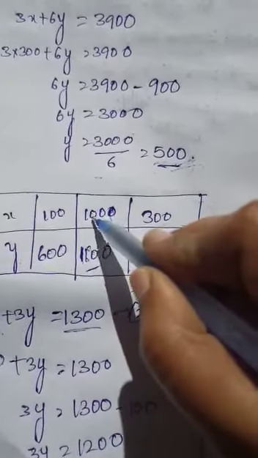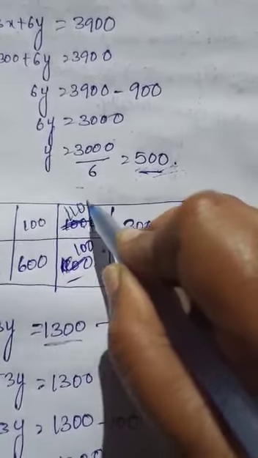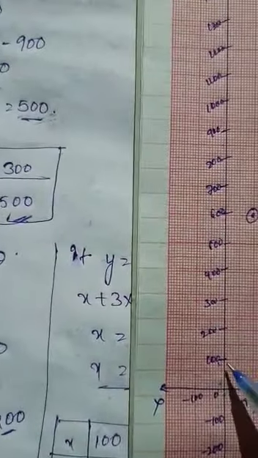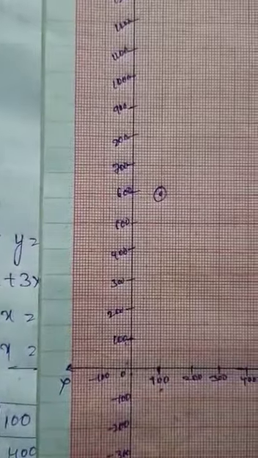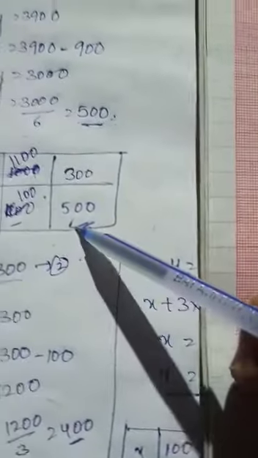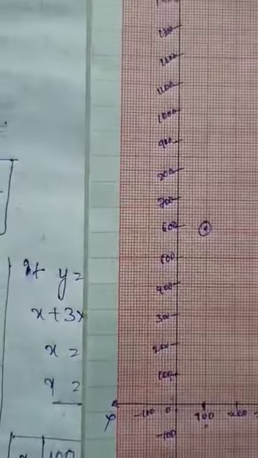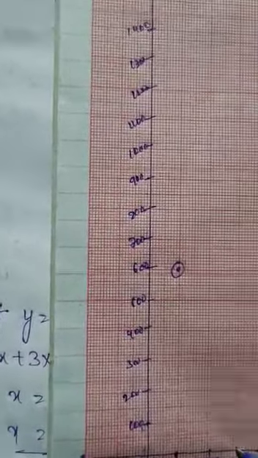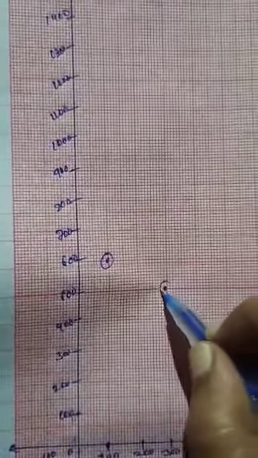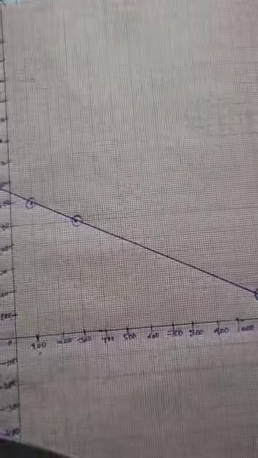This point is 1100 comma 100. Next point 300 comma 500. See these points, connect the points, we get a straight line.